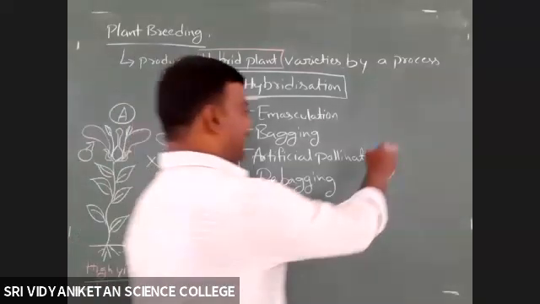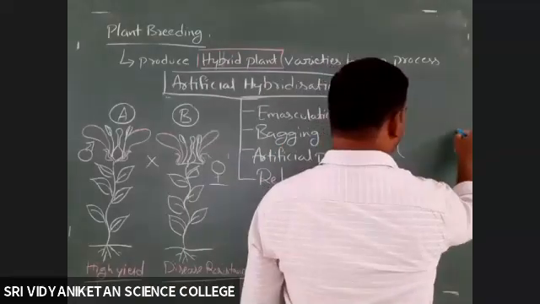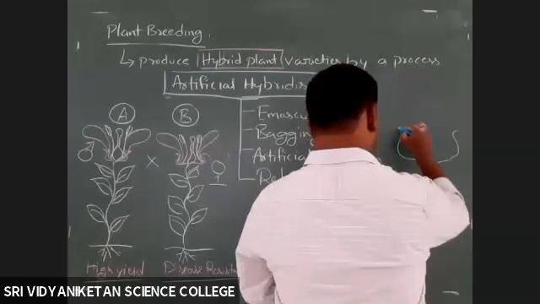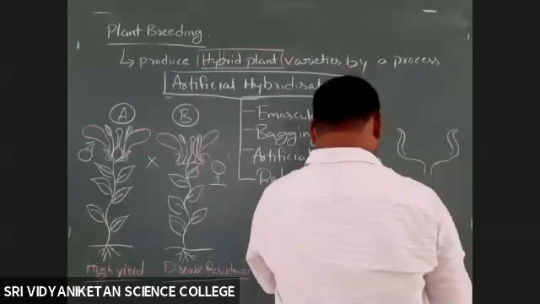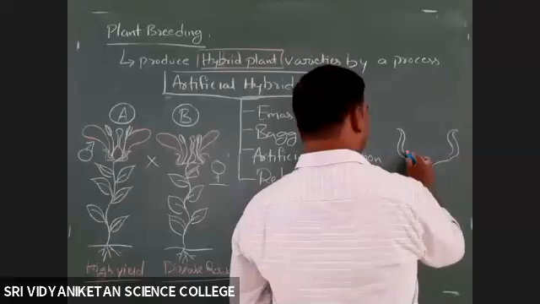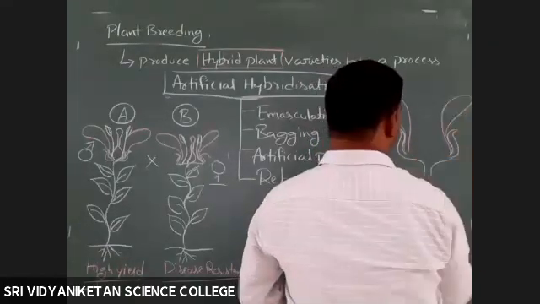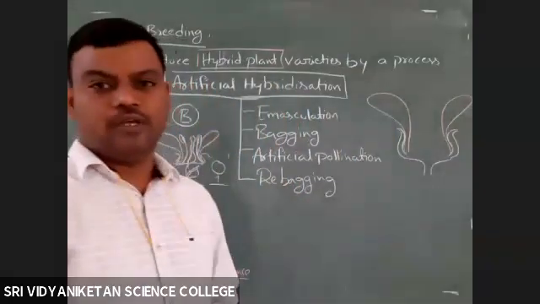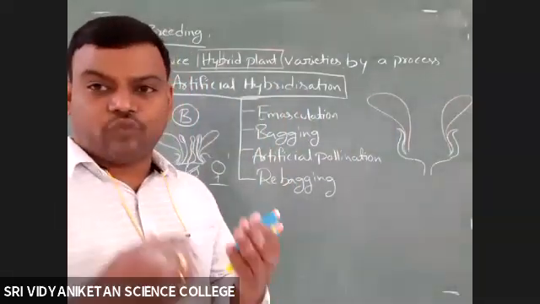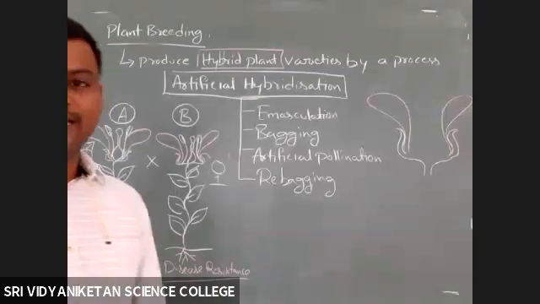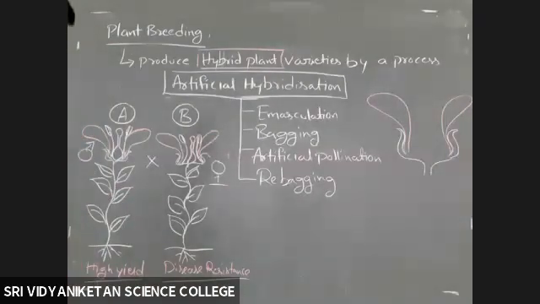In this female parent, the flower has stamens. These stamens are removed from the bisexual flower of the female parent at bud condition, which is referred to as emasculation.